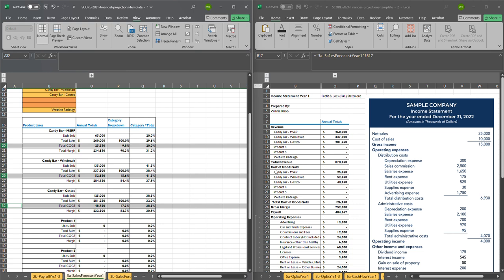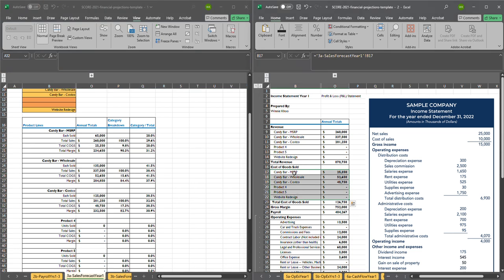And again, the COGS are any costs that are directly related to sales. So that's why this sits right under the sales. And this could be materials, labor, machine hours, storage, inbound shipping, all of those costs are directly related to sales. And so they sit right underneath in cost of goods sold.